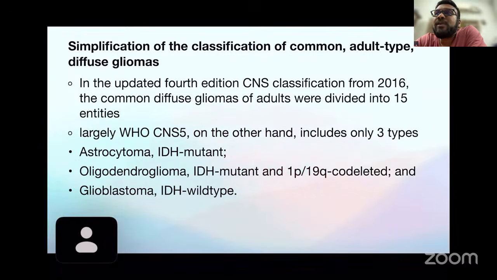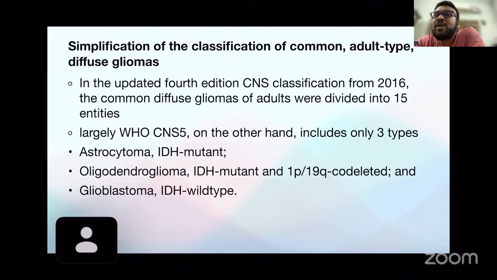Earlier in the 2016 classification, we used to have 15 types of gliomas. Now in the CNS5, there are only 3 types: astrocytoma, IDH mutant; oligodendroglioma, IDH mutant and 1p/19q co-deleted; and glioblastoma, IDH wild type. So largely now we have only these 3 types.